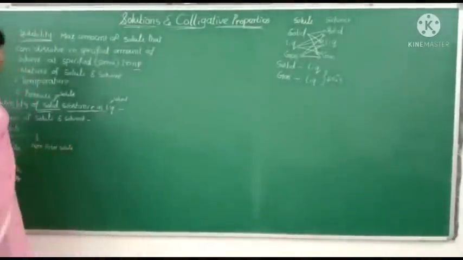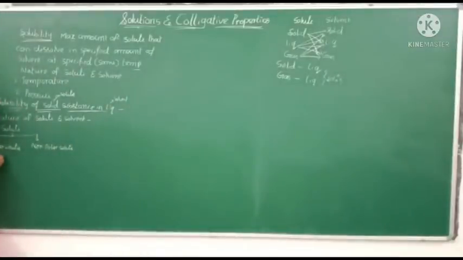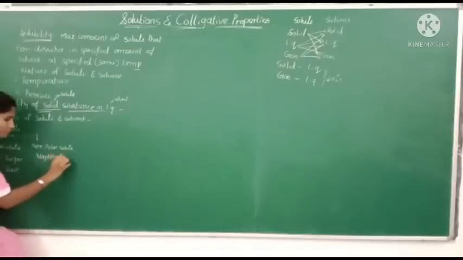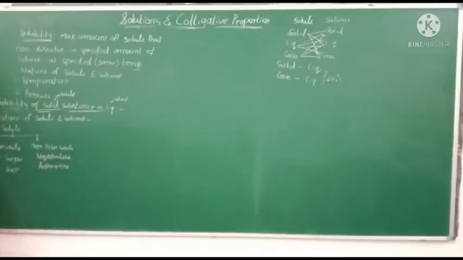Examples for polar solutes are sugar and salt. Non-polar solute examples are naphthalene and anthracene.